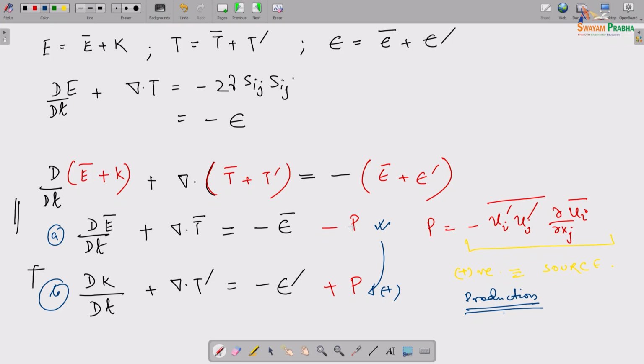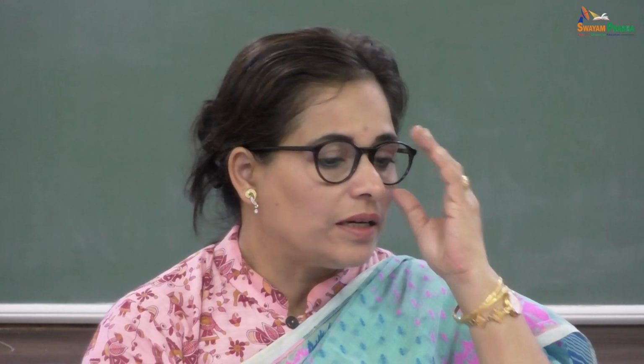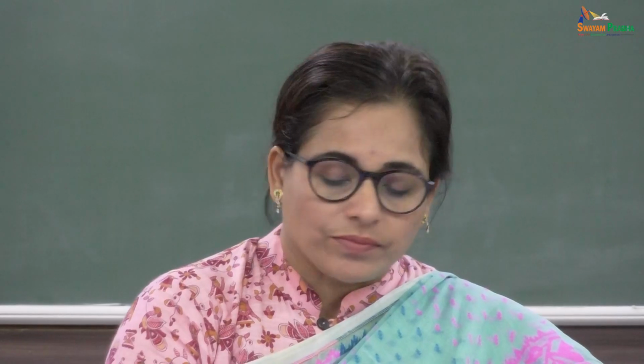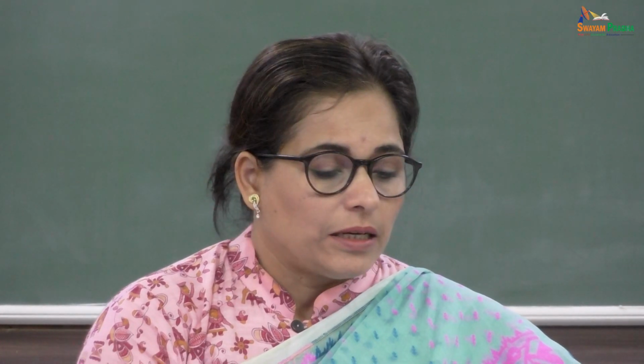So I'm essentially taking energy out of the mean part of the flow and adding it to the fluctuating part of the flow. To be more explicit, I'm removing K from the mean part of the flow and adding it to the fluctuating part of the turbulent flow. That is essentially what the production is doing.